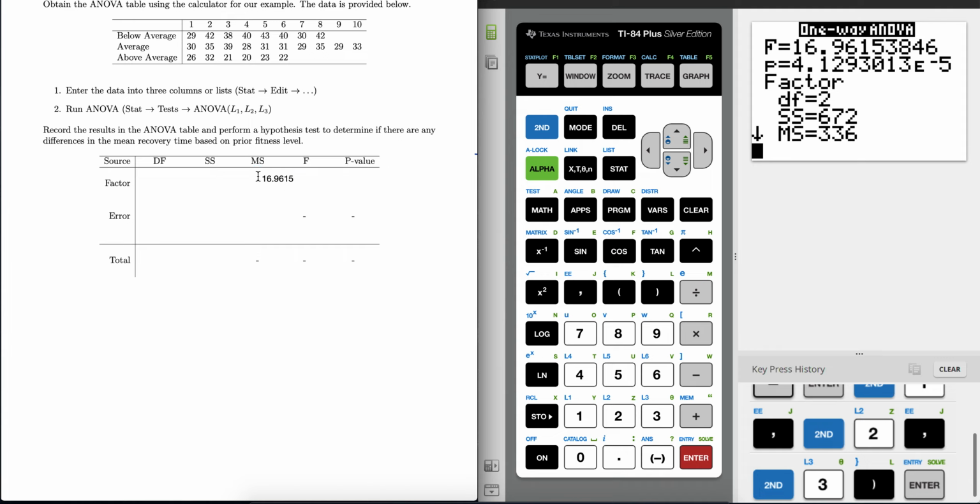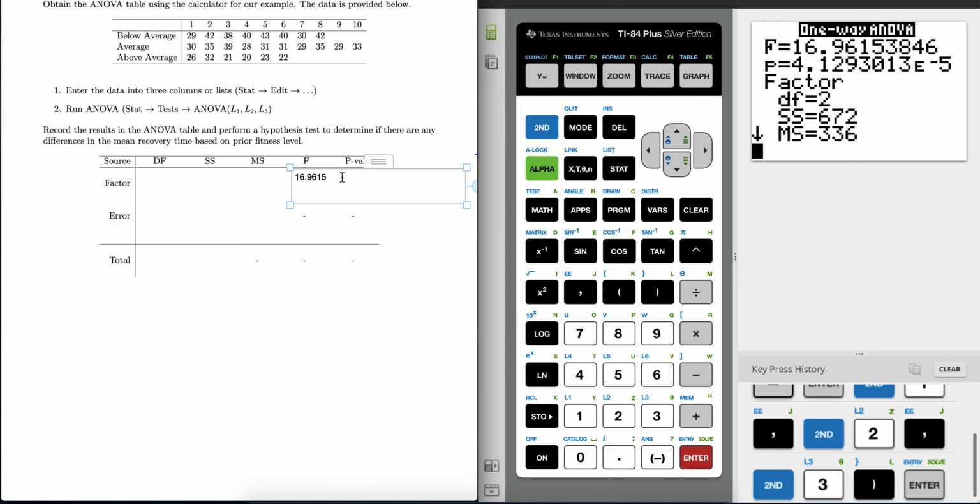And then you look at the next piece, has our p-value. So our p-value, don't write down 4.1293. Remember, that's times 10 to the negative 5th. P-values are probabilities. They must be between 0 and 1. So don't forget that scientific notation here.